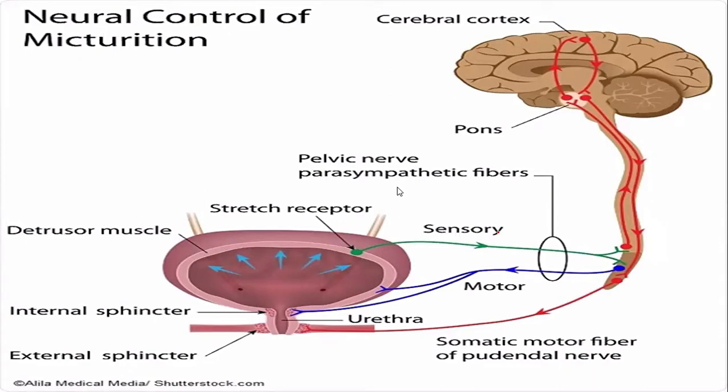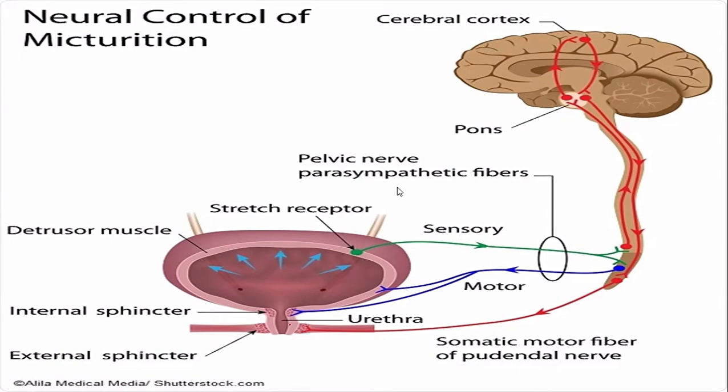So if the urinary bladder is already filled, there are stretches up there, and the tendency would be for your detrusor muscle to contract so that urine will get out, granting that the parasympathetic is intact.